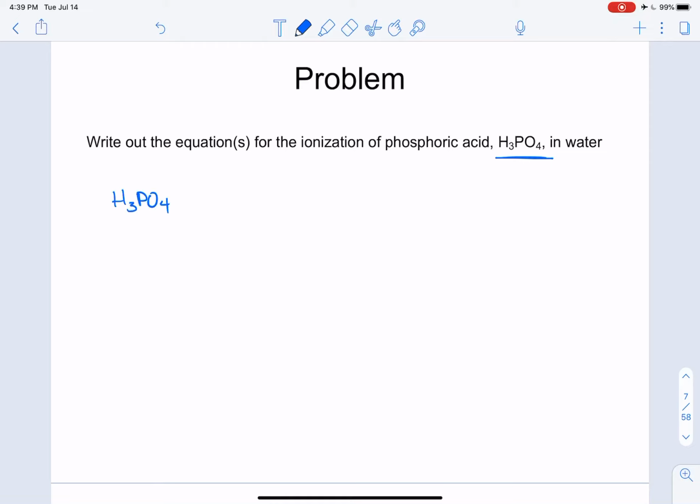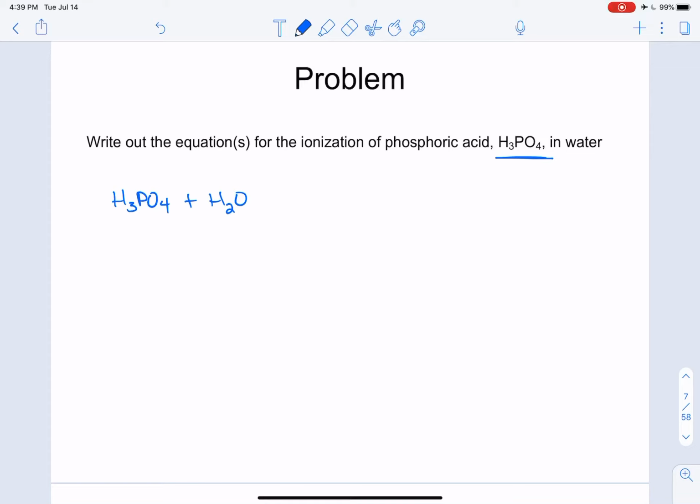Now, what we've been doing is just writing the acid and then writing AQ after that and just assuming that water is there. But this time, let's go ahead and write the water there so we can practice doing it differently. So phosphoric acid needs water, and phosphoric acid is an acid, so it's going to want to give away a what? An H plus, because that's what acids do.